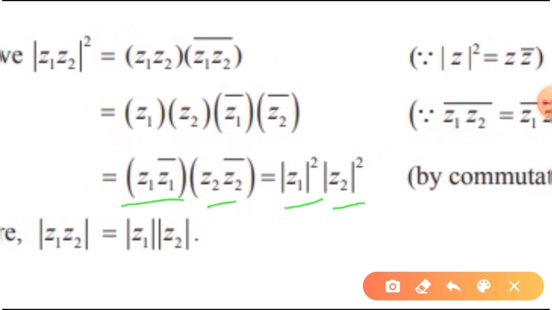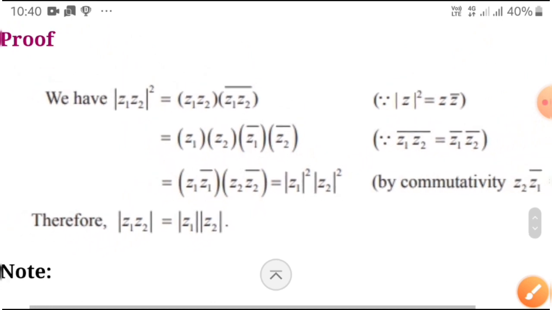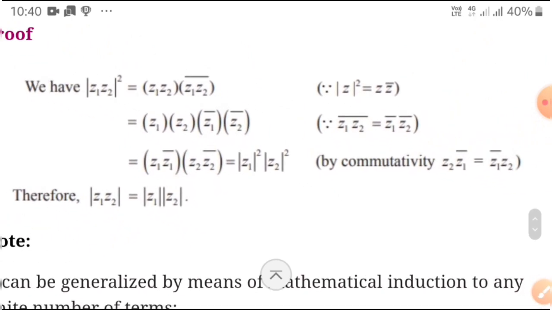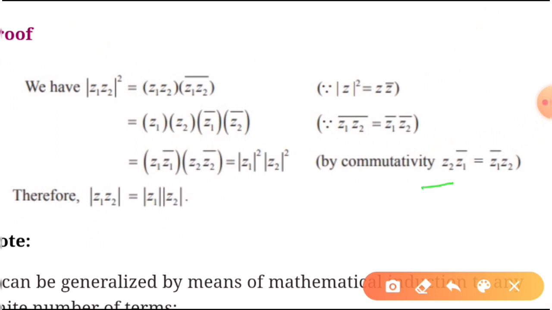How? Because z z bar is modulus of z squared; z1 z1 bar is modulus of z1 squared, z2 z2 bar is modulus of z2 squared. Okay. By commutative property, z2 z1 bar is equal to z1 bar z2.